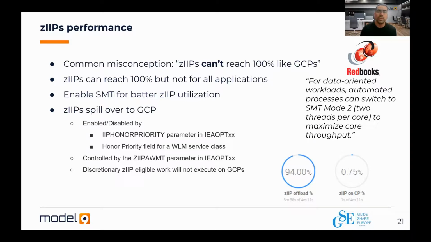The only thing we run on GCPs is really the bare IOs in order to read the data from DASD. And as you know, the mainframe is very good at scheduling IO with very little CPU usage. All the rest is on zIP engines. As you can see here in my example, only 1 second has been spilled over to GCP in this scenario.